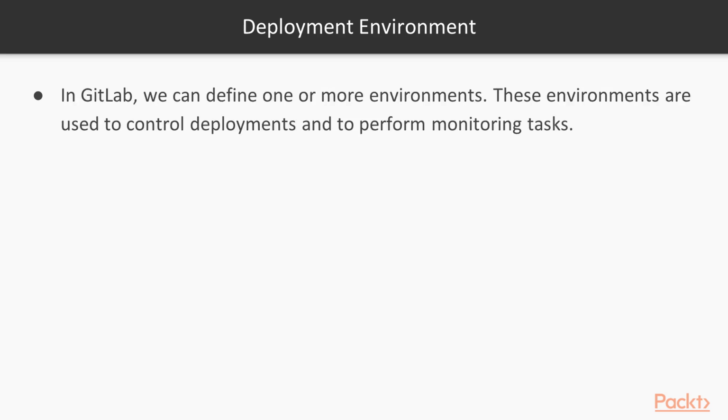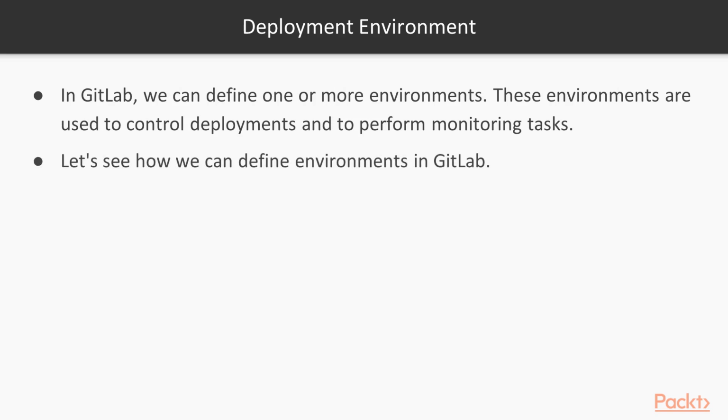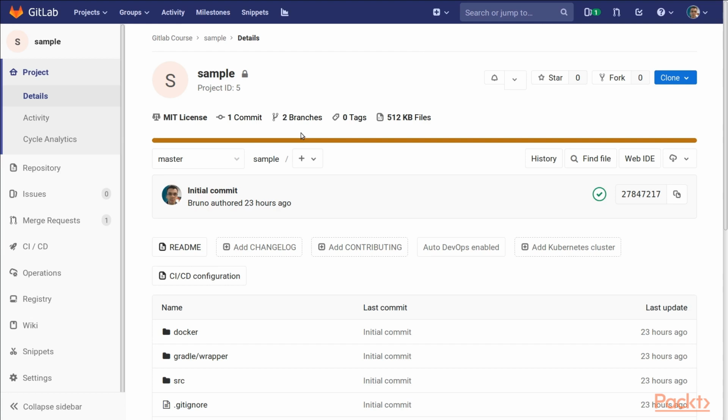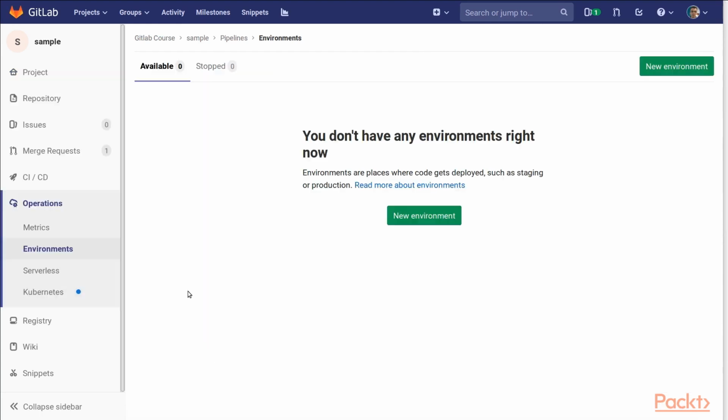In GitLab, we can define one or more environments. These environments are used to control deployments and to perform monitoring tasks. Let's see how we can define environments in GitLab. To define new environments, let's click in Operations and then Environments. We don't have any environments right now, but let's create a new environment by clicking here.